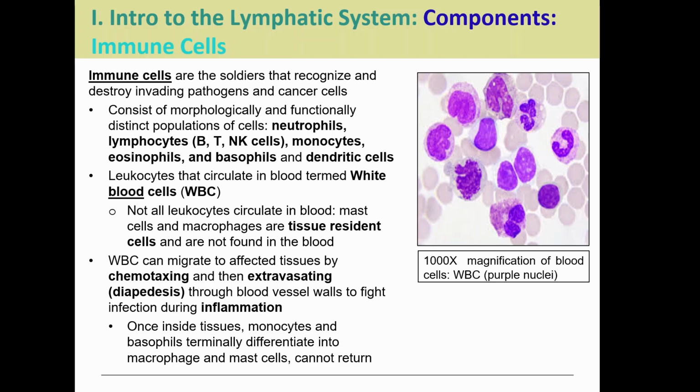So chemotaxing, basically this is the movement in response to a chemical signal. So they are moving towards a specific chemical. And then the extravasating, that's going to be just moving from inside the blood vessels to the outside of the blood vessel. And this is what's going to happen if we do have an infection, if we do have a pathogen found, when we get to the inflammatory response.